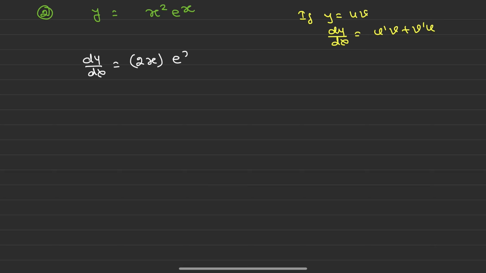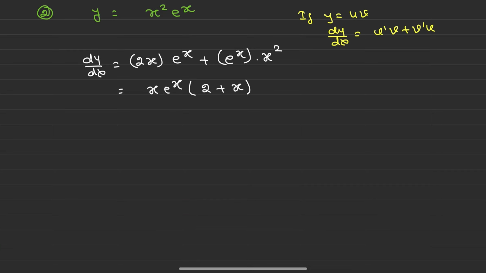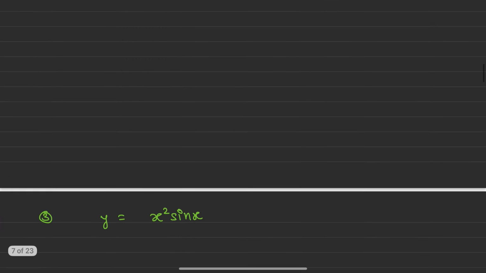Second function will be as it is, plus derivative of the second function will become the same only, into first function as it is. If you take x into e power x common from here, what is left? 2 plus x. It will be our final answer. Okay, now let's go to the next question.